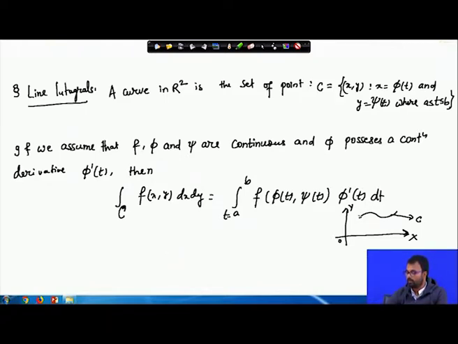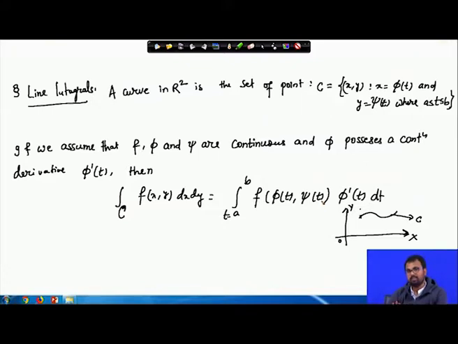We have a certain point here, and a certain point there, given by (a, b) to (c, d). In that case, the integral of the function f along this curve from (a, b) to (c, d) will be given by the formula on the right hand side, where we have to express the equation of the curve in terms of a parametric equation.